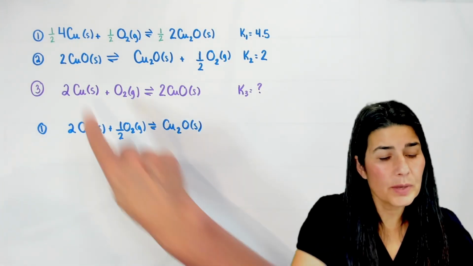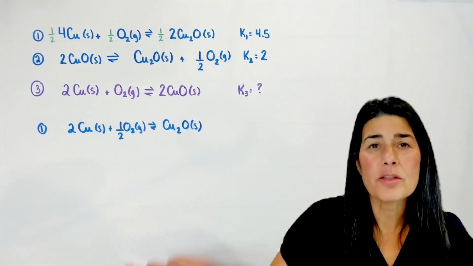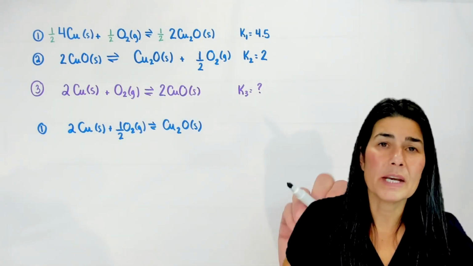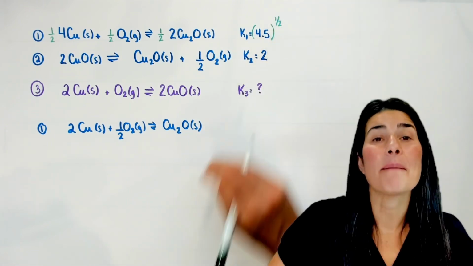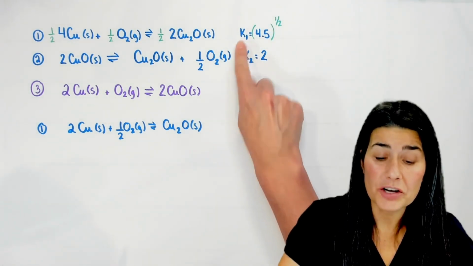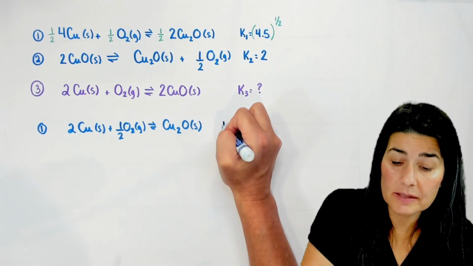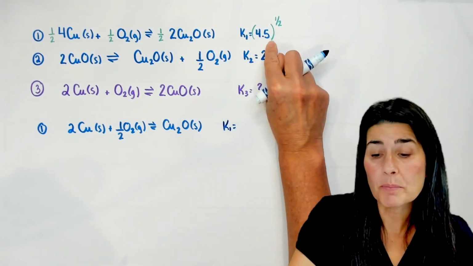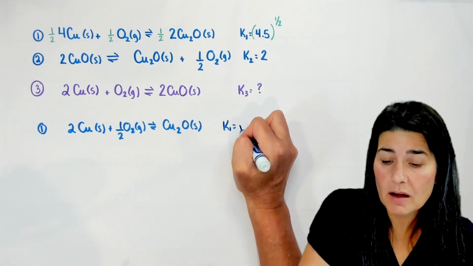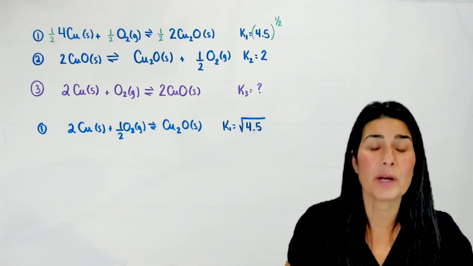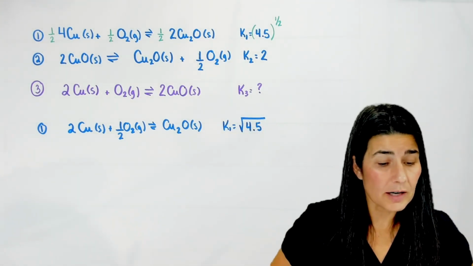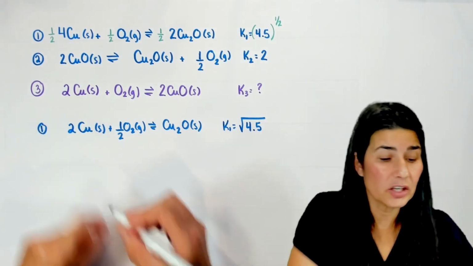Now, if we multiply all the terms by a number, what we need to do is raise our K to that power. So our new K for this reaction will be 4.5 to the 1/2 power, or the square root of 4.5. So far, the coppers are looking pretty good.